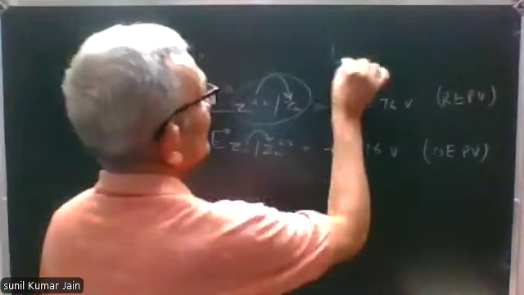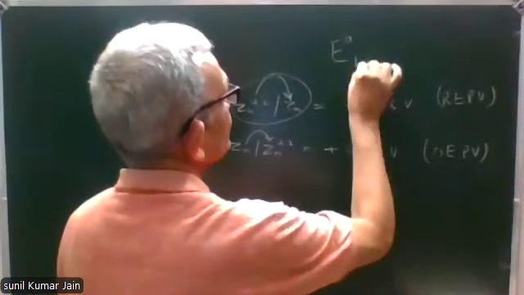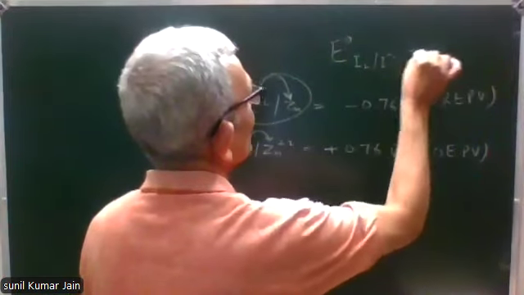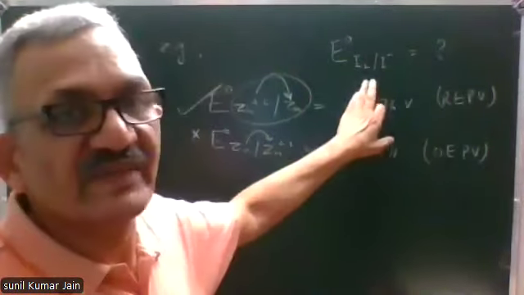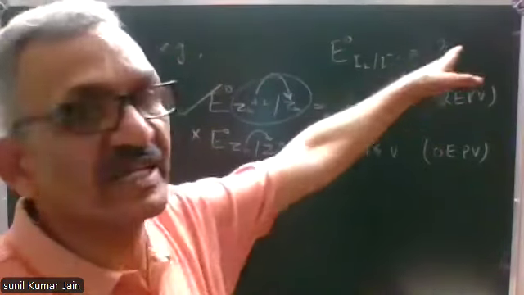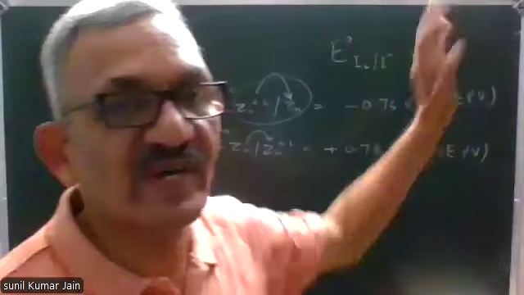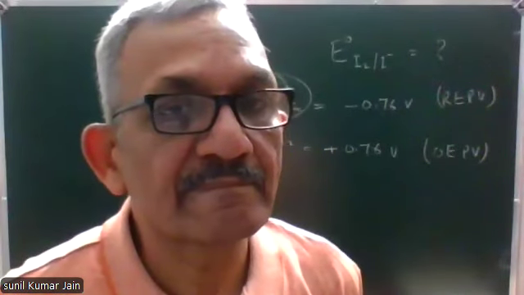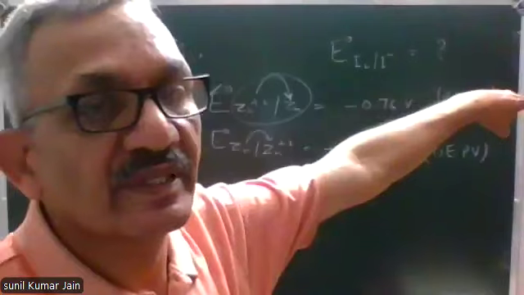Look here. Whatever is the value for iodine, if I write E0 I2 oblique I minus some value, this value will be REPV or OEPV? REPV. Yes, because neutral particle is changing into negative.